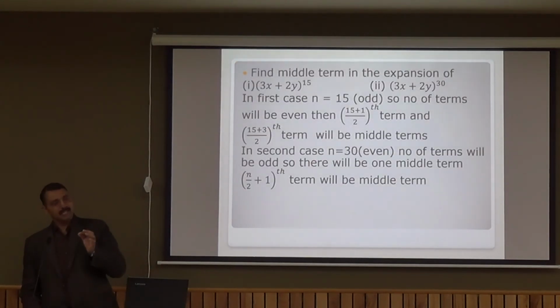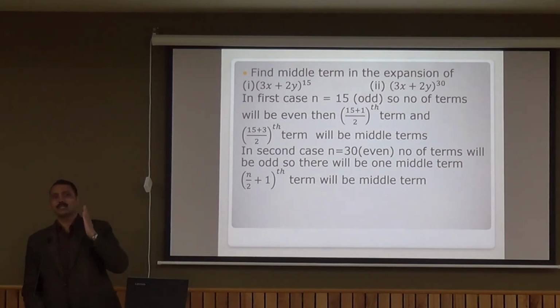Now we have introduced what the middle term is. Now we are coming to the general term. Suppose I give you a review of what we have done. We have done the binomial theorem. Why do we apply the binomial theorem? Simply you say that we use the binomial theorem to expand higher powers, right?